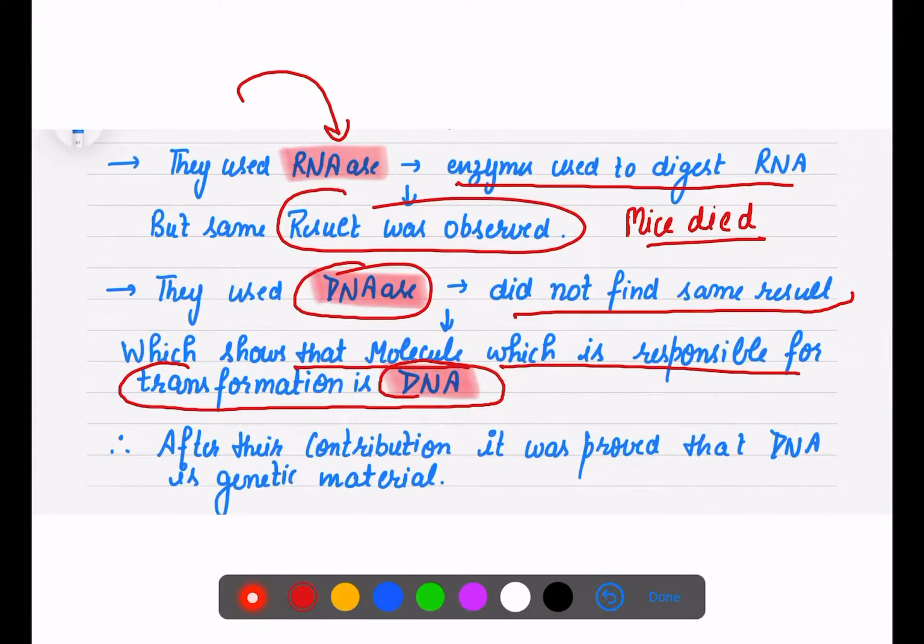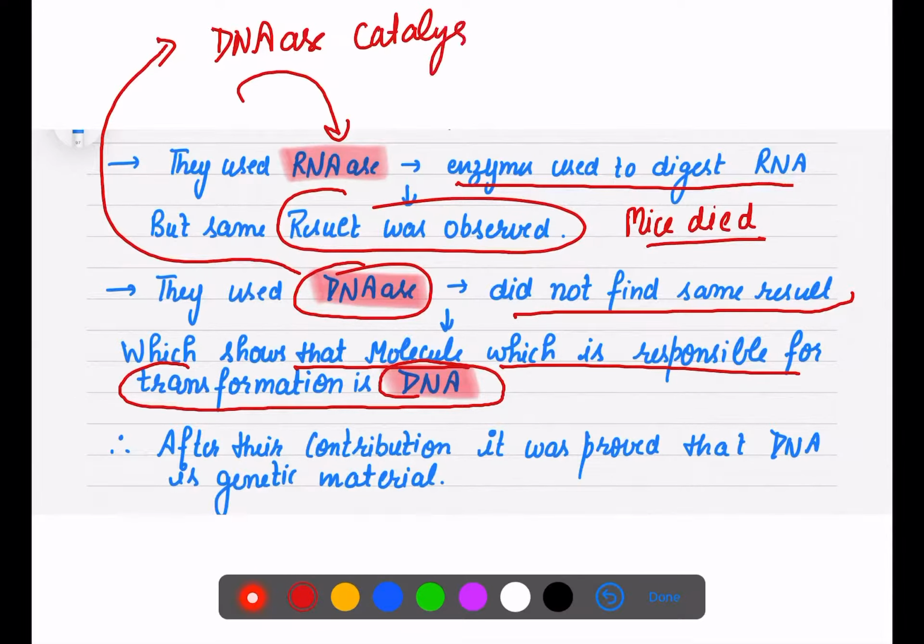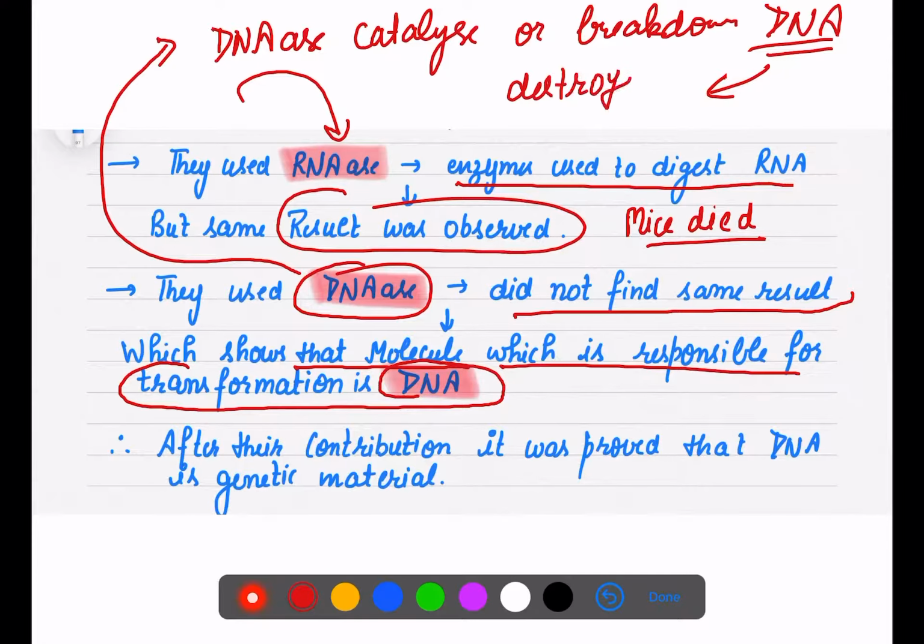Because what happened with DNase? When they used DNase, it catalyzes or breaks down the DNA. If your DNA is getting destroyed, it will not change R2 into S3. So the results were not the same.